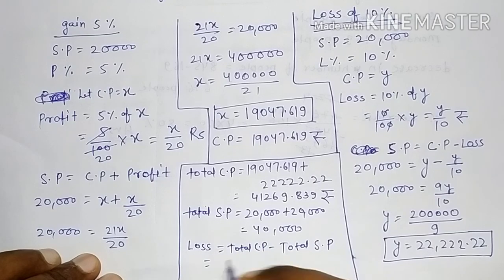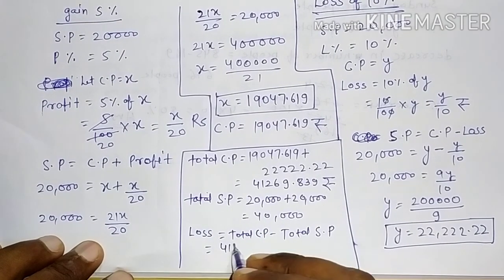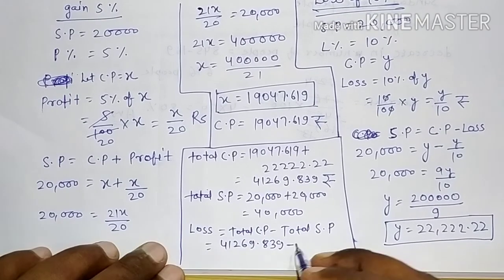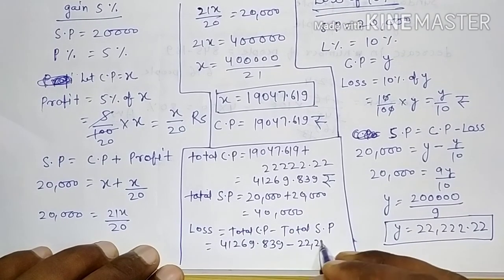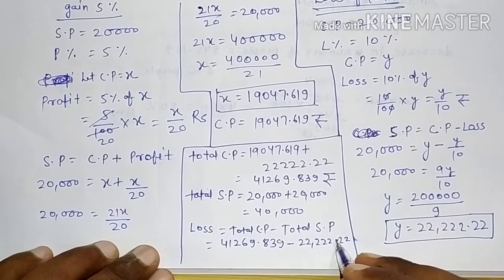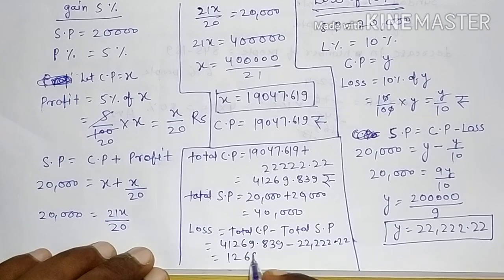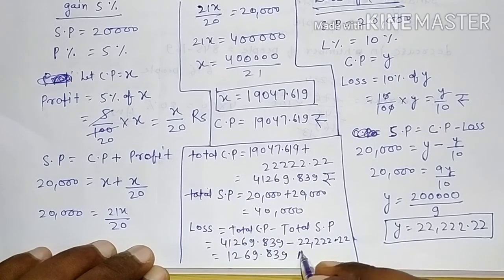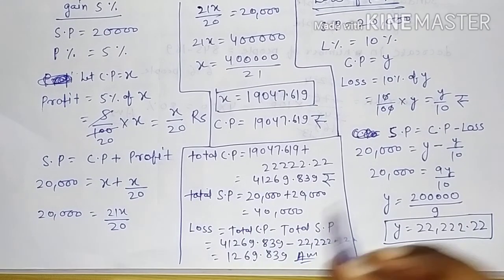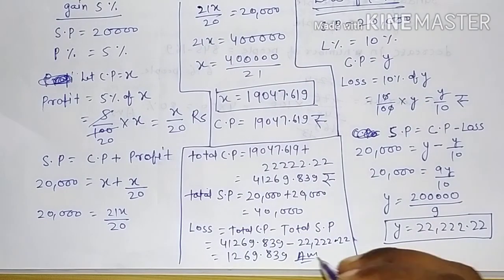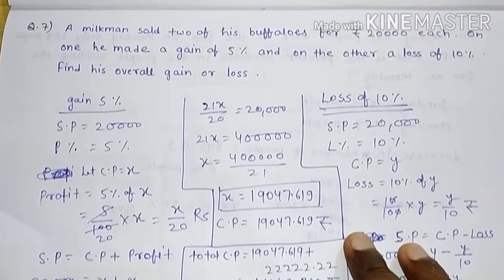So just put the value, total CP, that is 41,269.839, minus total SP, which is 40,000. So just subtract this. 1269.839. So this is the answer and this is the total loss in the overall condition. Now this is the answer. Thank you so much, students. This is the complete explanation up to question number 7.